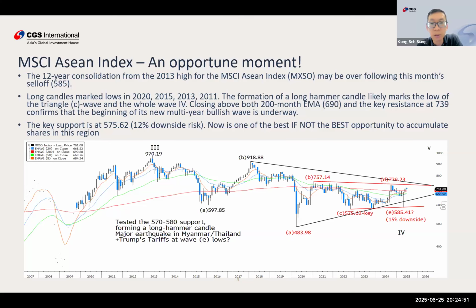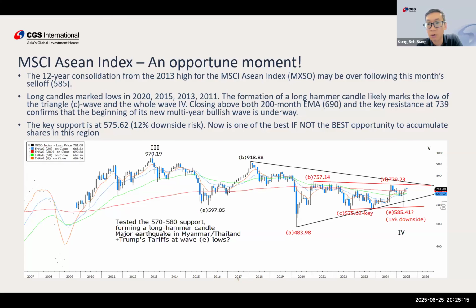But from the technical perspective, it seems like everything is in place for a fairly strong move, or at the start of what we think would be a big bull run. At the beginning of bull runs, you find that markets tend to be fundamentally weak. Nobody believes the story.